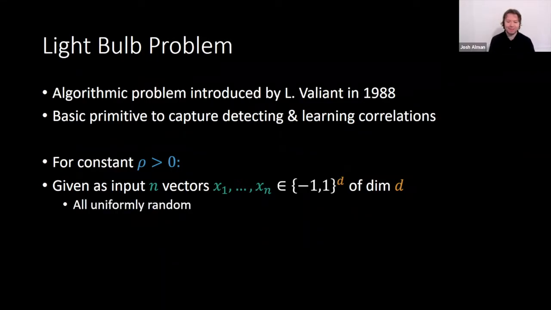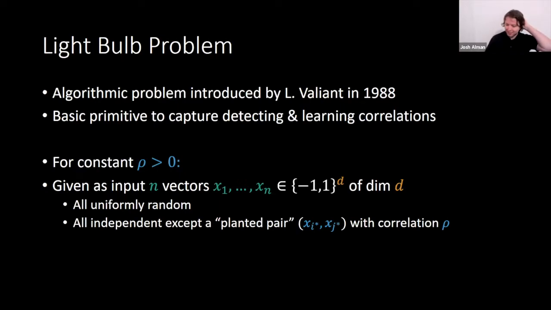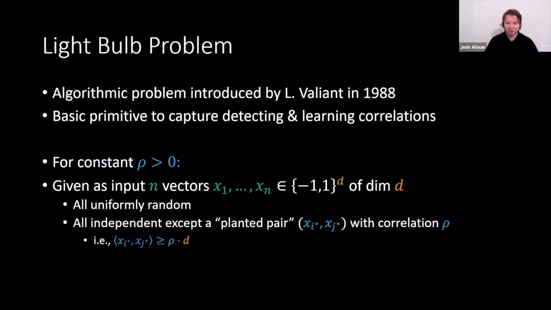All n input vectors are uniformly random and independent of each other, except that there's a planted pair that's correlated with correlation rho. By that I mean their inner product is at least rho times the dimension. Two random vectors have an inner product of around the square root of the dimension with good probability, but two of them have been planted to have correlation rho.